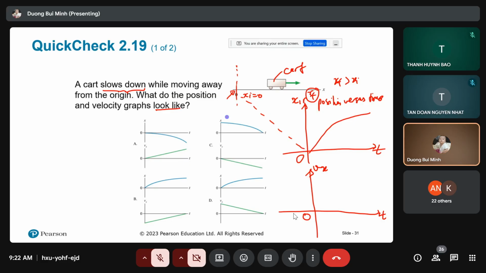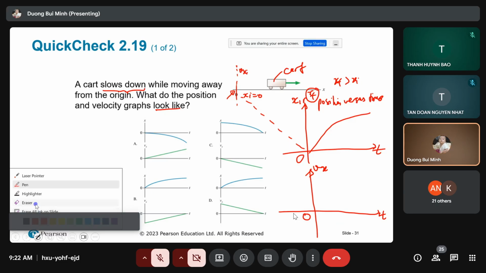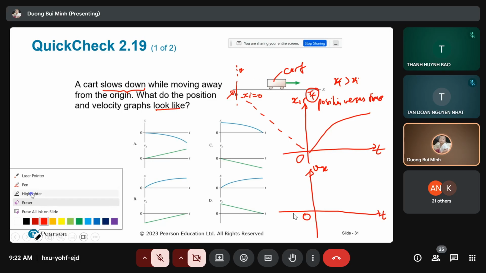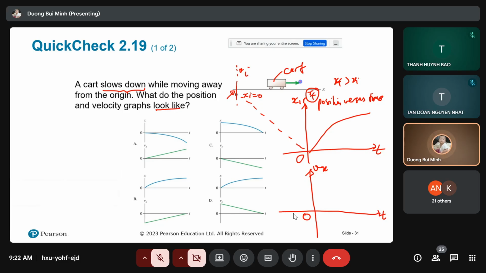After some time the velocity is 0 because the car slows down and then stops later. At the beginning here is vi, and somewhere here is vf.